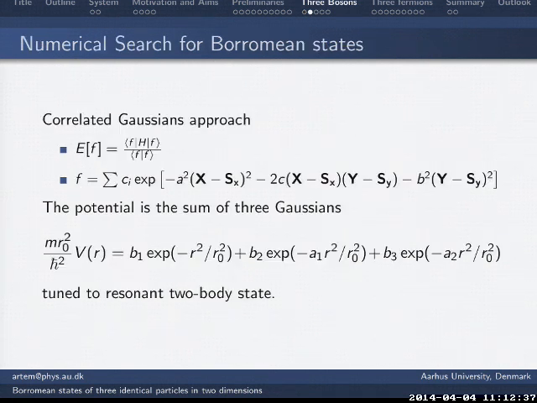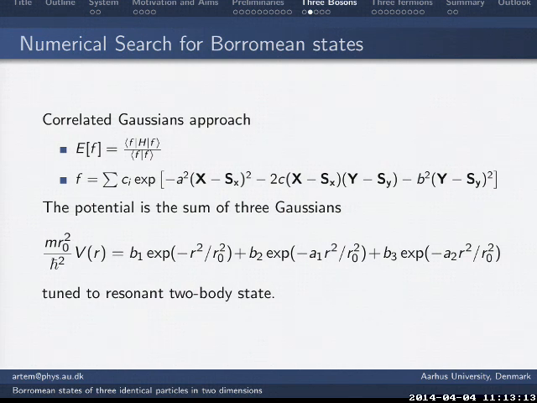Unfortunately, we can't say a lot more analytically at this point, so we decided to collect some numerical examples and some intuition for different potentials, and we made a numerical search for Borromean states. We use the correlated Gaussian approach, which is a variational method, with a variational wave function in this sum, and then we take 3 Gaussians to make a potential.